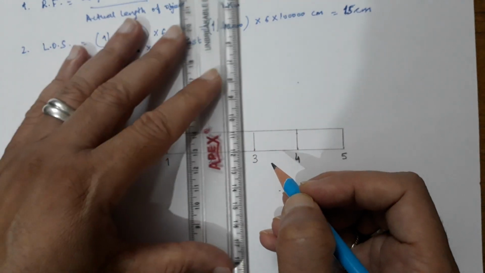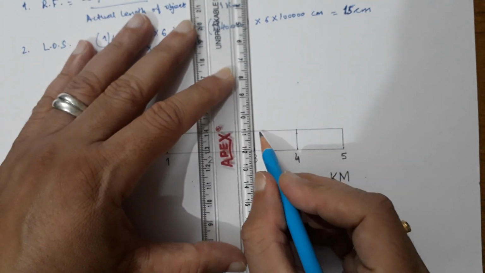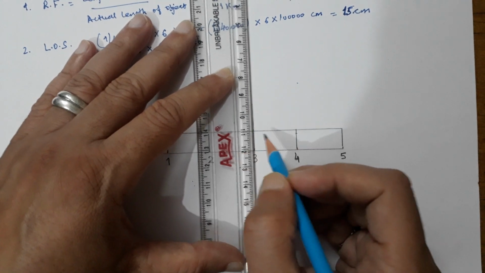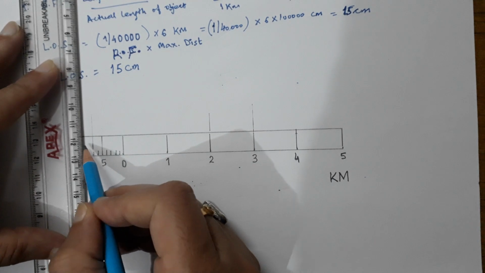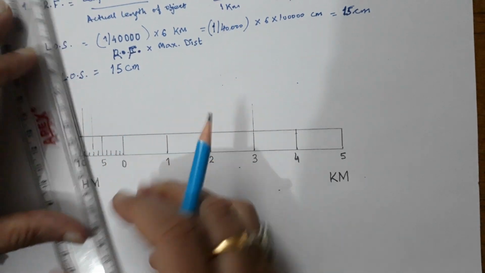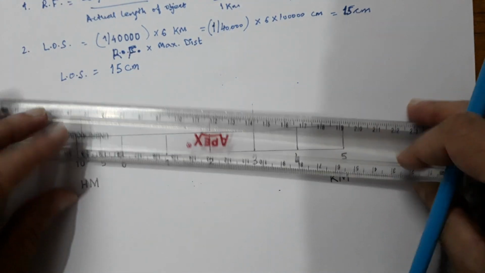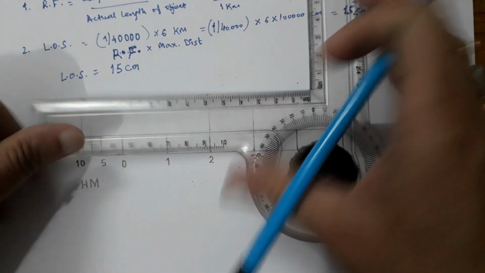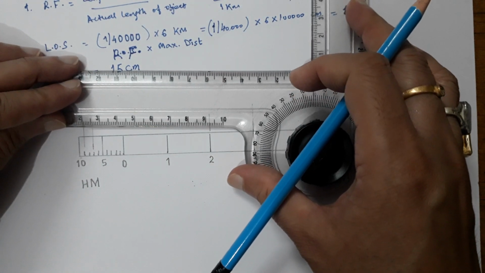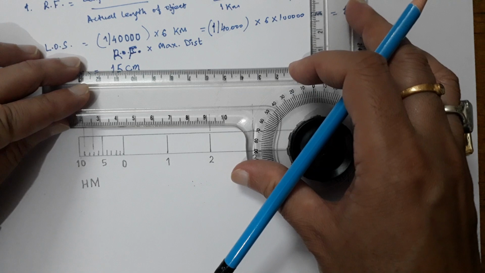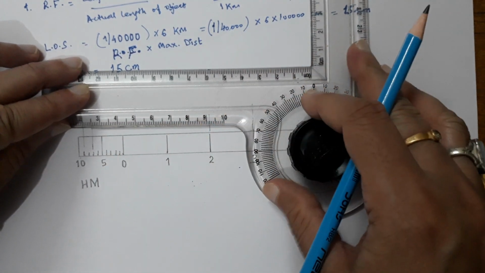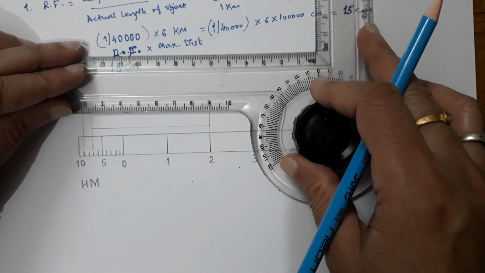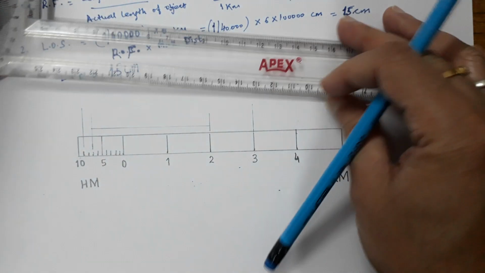Next is 3.9, this is 3 and this is 9, so you can raise it from here. Now you can simply draw a dimension line. This is measuring 2.7 and this is measuring 3.9.